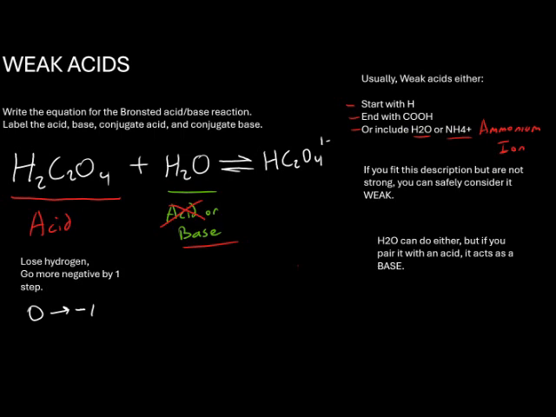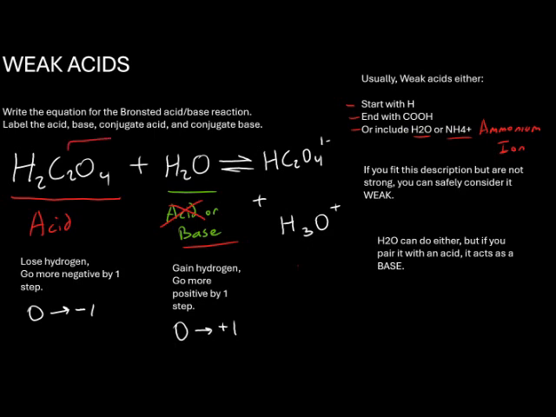Since water will be acting as a base this time, we will gain a hydrogen and go more positive by one step. Water begins as a neutral compound on the left, that's 0. It goes more positive to 1+. Therefore, we gain a hydrogen, we go from H2O to H3O, and put a positive sign on top.